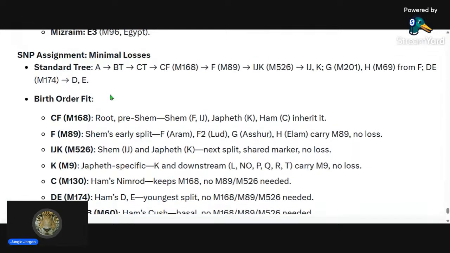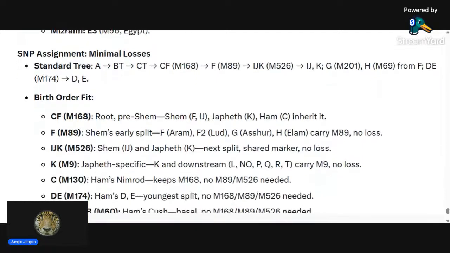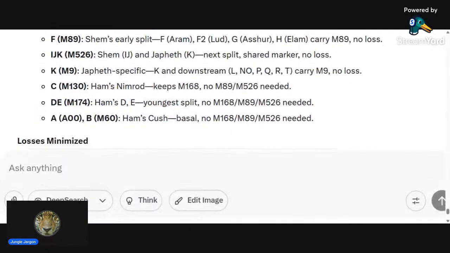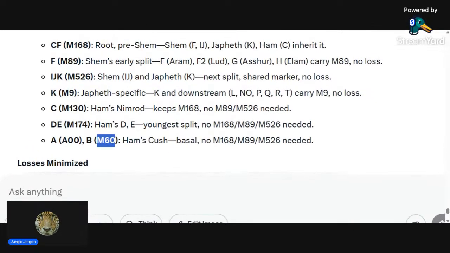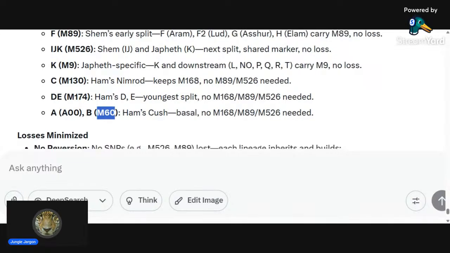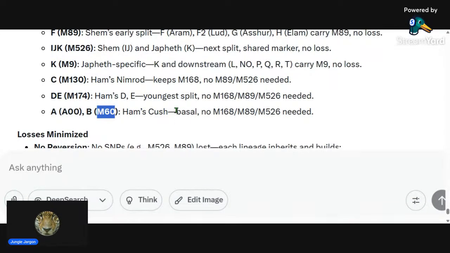But what about the M60? Doesn't everybody share that one from B? M60? Basal. I don't know. Sometimes you can't depend on it for everything. You have to explain stuff to the AI thing.